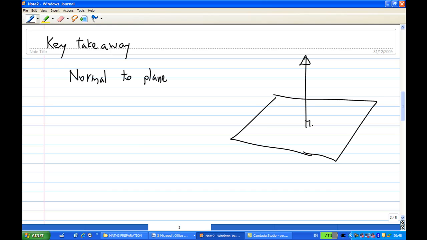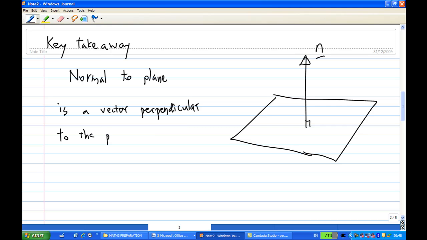This could be upward or downwards. For example, this is called normal to the plane, and this vector is perpendicular to the plane. So normal to the plane is a vector perpendicular to the plane, and we need to compute this.